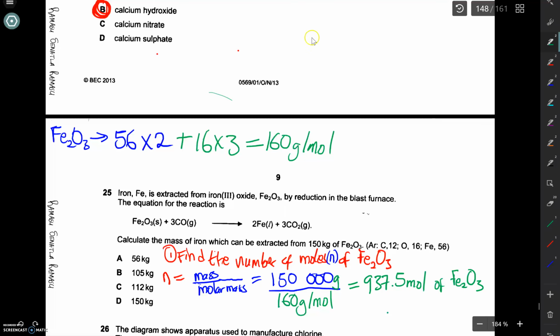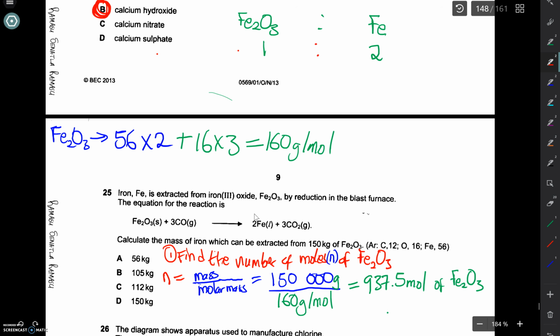So if 1 mole of iron 3 oxide reacts to give you 2 moles of iron, how many moles of iron will you get from 937.5 moles of iron 3 oxide?